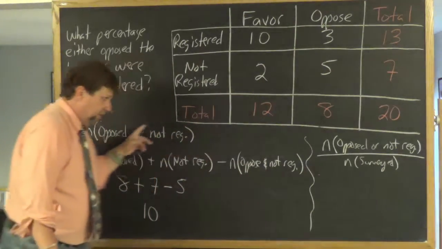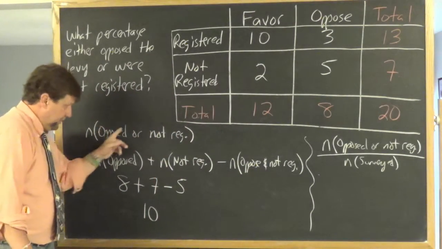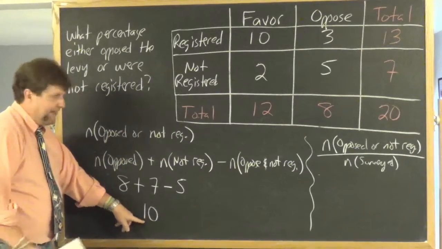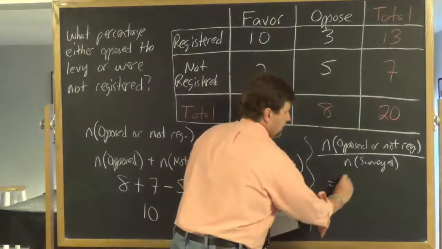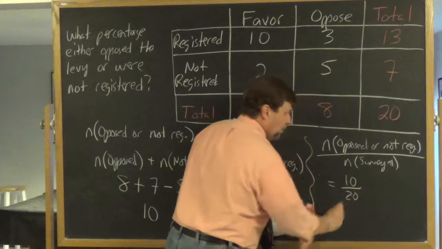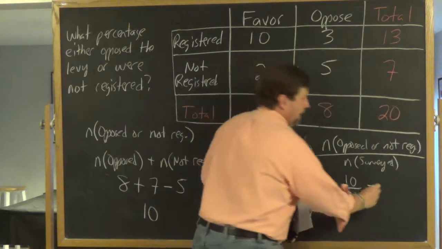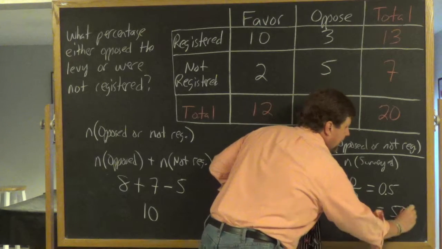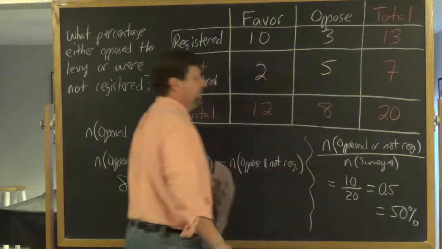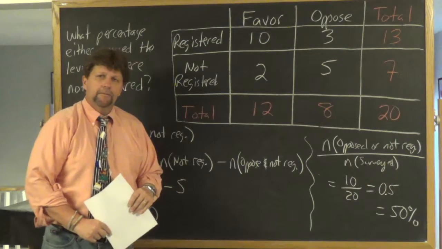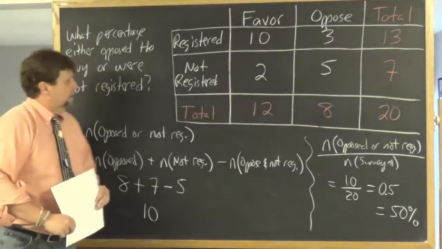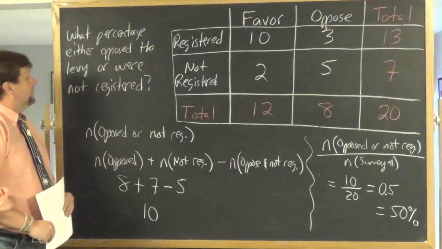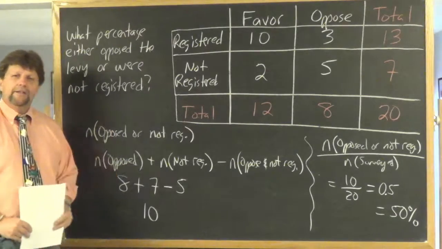And we just determined the number that were opposed or not registered was 10, and the total number surveyed is 20. 10 divided by 20 is 0.5, and we know 0.5 is 50%. So that was a fun one, and that's all there is to it.